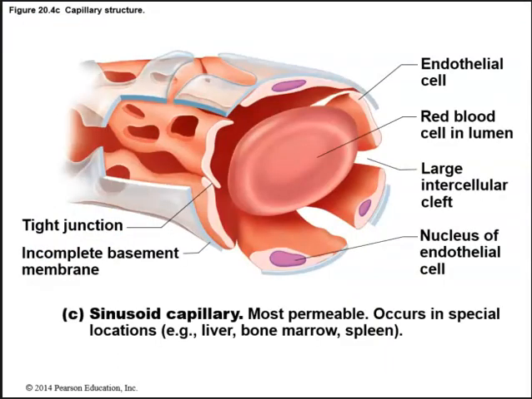So here we see large endothelial clefts or intercellular clefts between the endothelial cells. And again, they are joined by tight junctions, and we can see that there is a bit of an incomplete basement membrane, so very large and porous. And these are the most permeable and occurs in special locations such as the liver, the bone marrow, and the spleen.